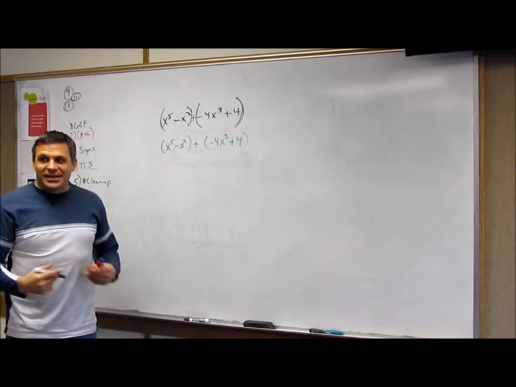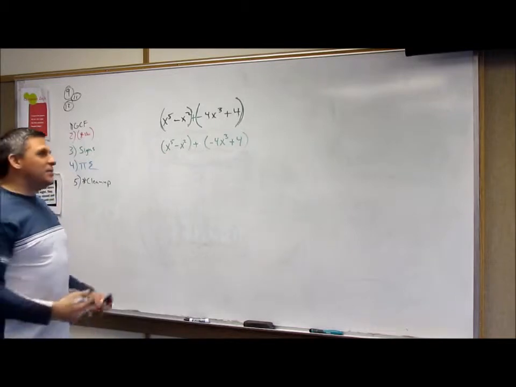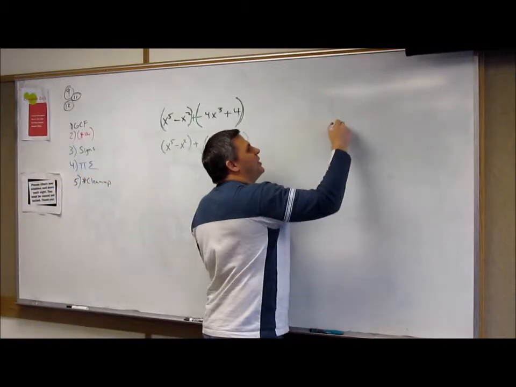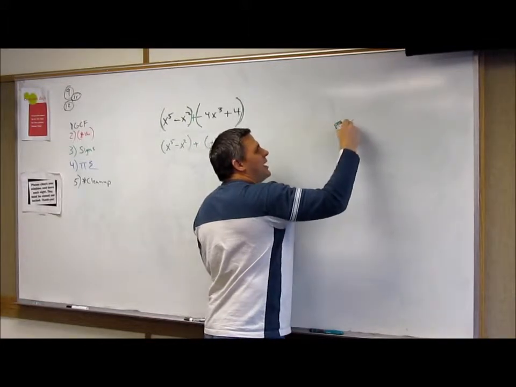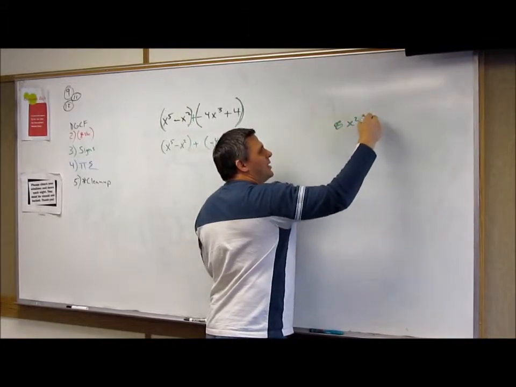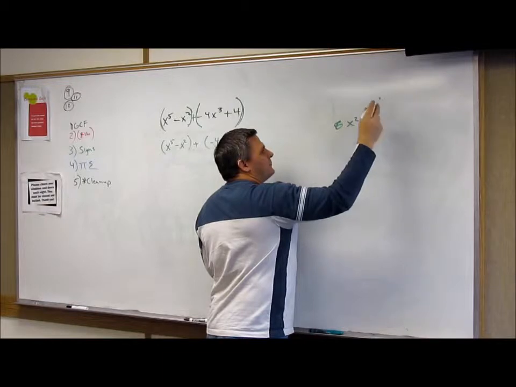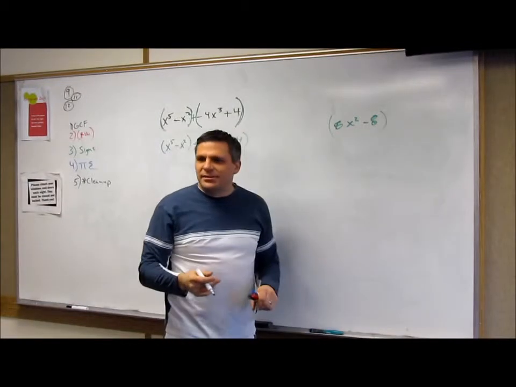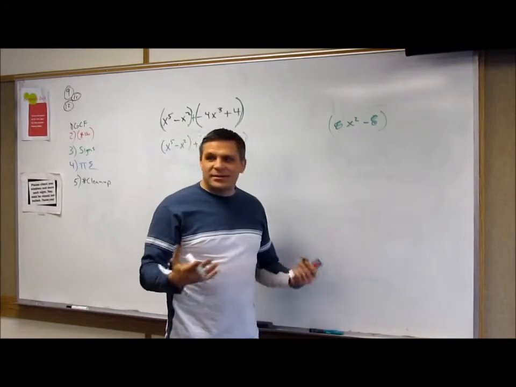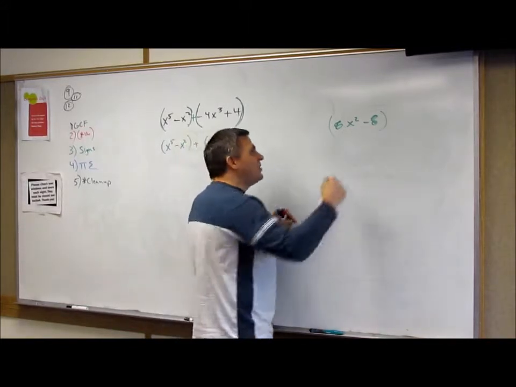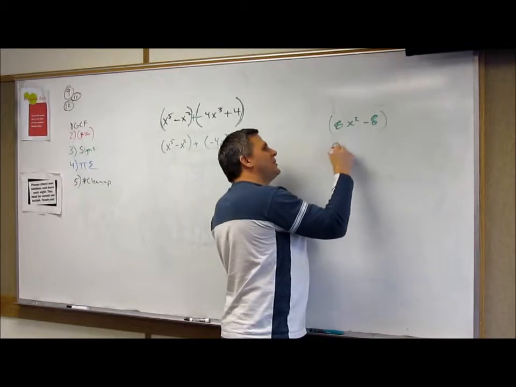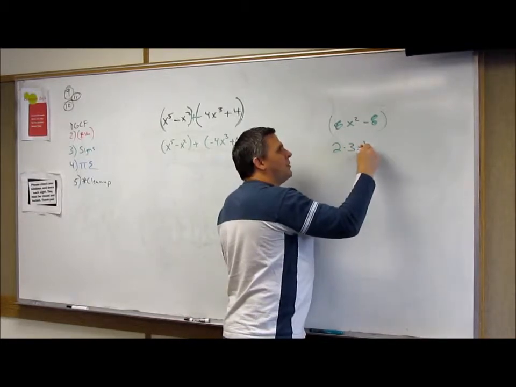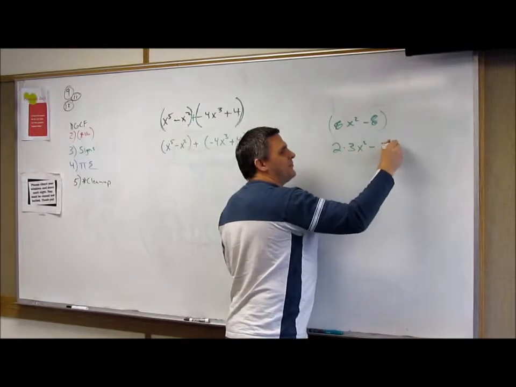And you're like, what does that mean? Well, a 2 looks like a 2, so what? What does that have to do with this? Well, 6x squared minus 8, I can factor that by taking out a 2. What really is in here is 2 times 3x squared minus 2 times 4.